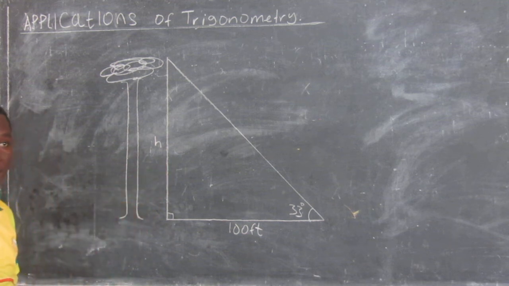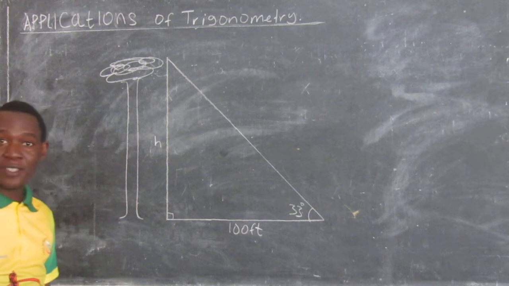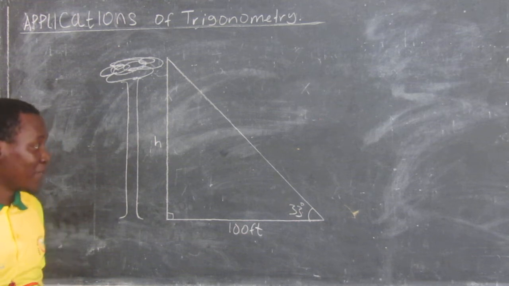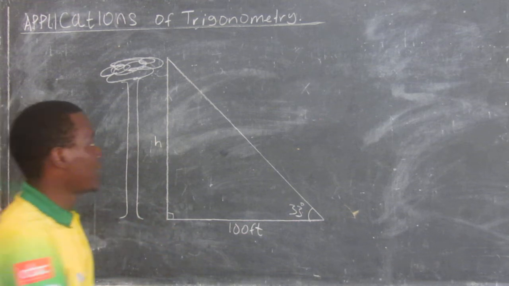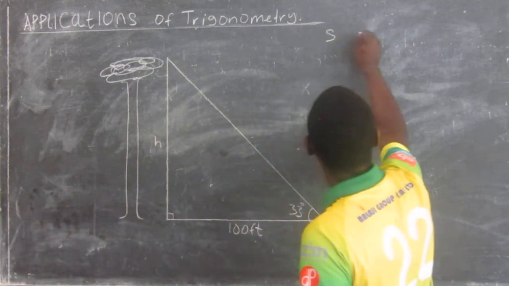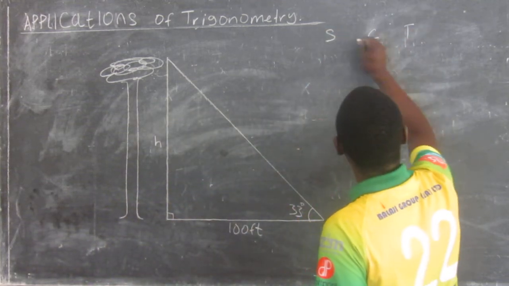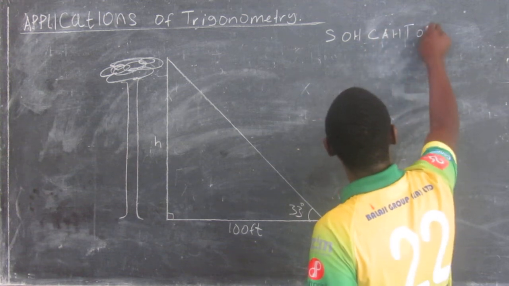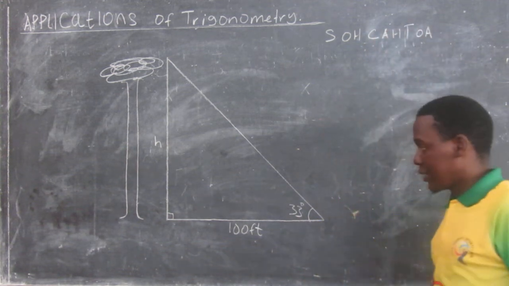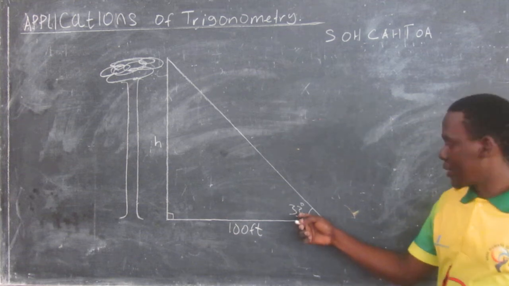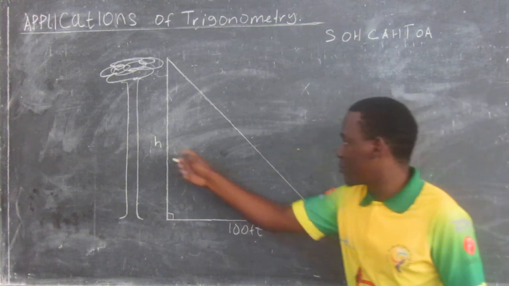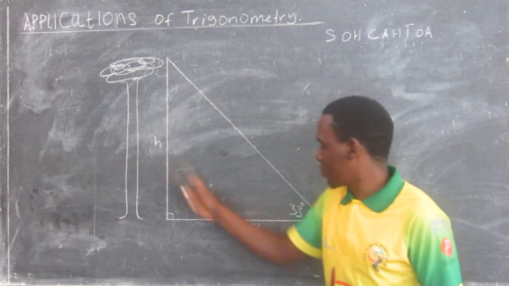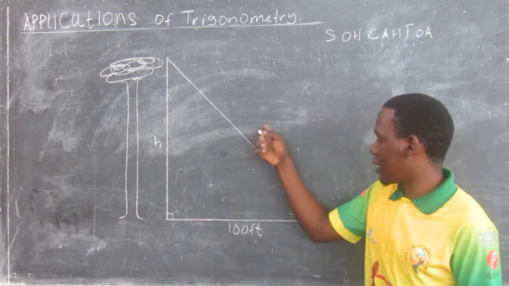Last time I taught you a simple method to remember the ratios of trigonometry: SOHCAHTOA, which stands for sine is opposite over hypotenuse, cosine is adjacent over hypotenuse, and tangent is opposite over adjacent. Since we have our angle theta here, this side is the opposite, this is the adjacent, and this is the hypotenuse.